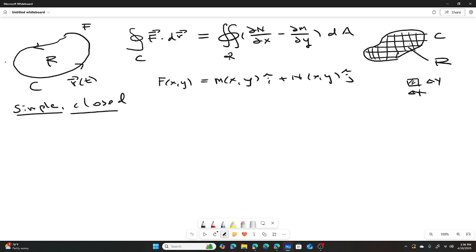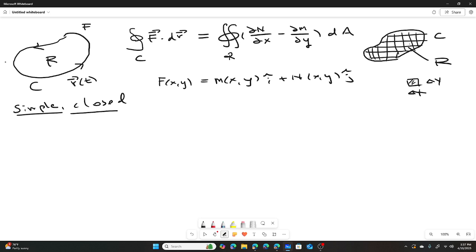So this is Green's theorem, okay? Maybe this is not a complete proof, but here's the intuition behind this.